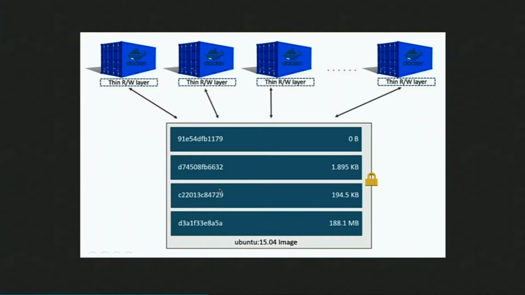But the value of storing these images in layers is that the image itself in each layer is read-only. So that means if you want to start multiple containers from the same image, you don't have to have multiple copies of that same image. They can all just read from the same thing, so you're not having to store as much. And then, same thing, you might have multiple images that are all based on the same starting point.